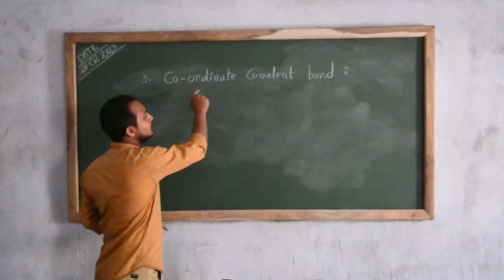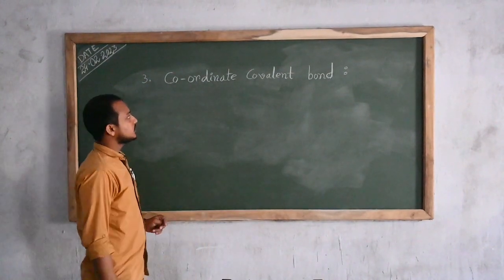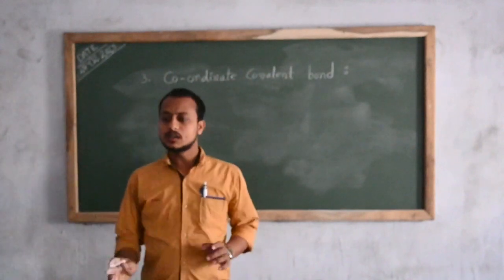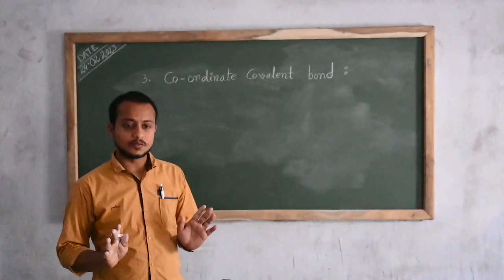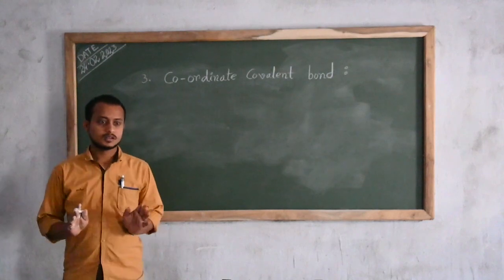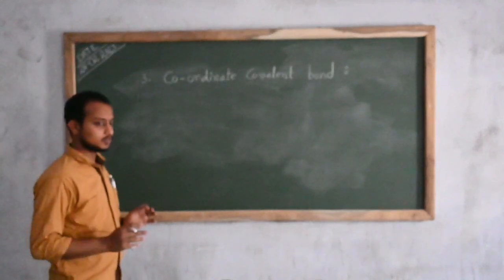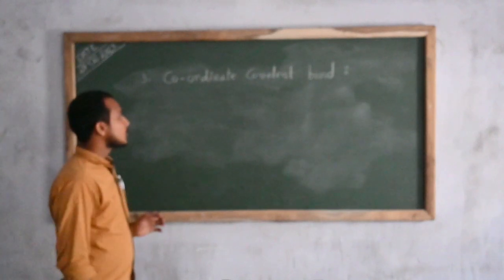Next, number 3 is coordinate covalent bond. Basically, a coordinate covalent bond is not a real bond. It is an interaction.